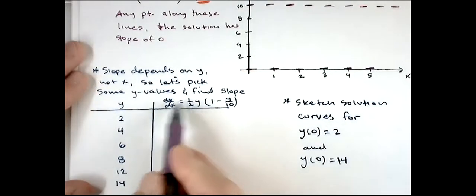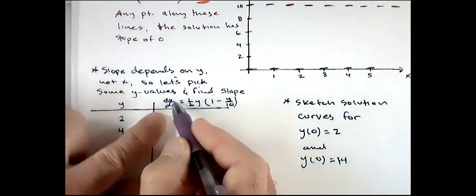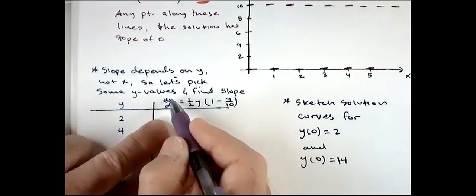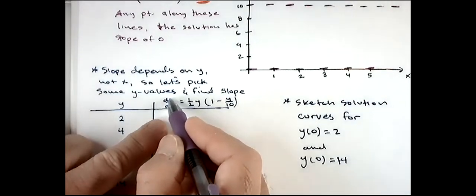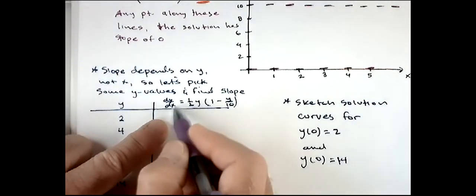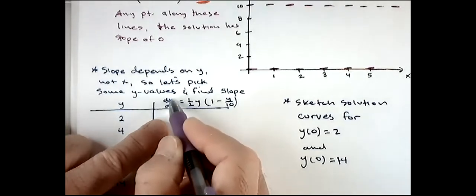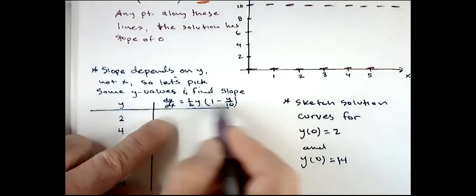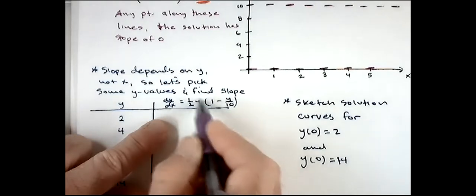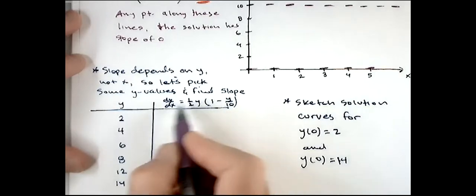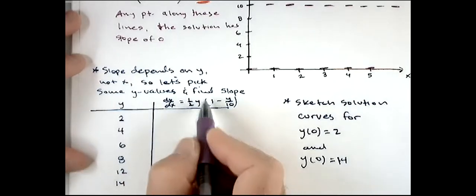So autonomous means that, if we think of this again, let's give it context. If this is measuring the growth of owls over time, the growth rate of owls over, okay, I know usually they use x, but that could easily be t, right? The growth rate of owls over time, notice it's strictly a function of the owl population, y. So this is autonomous.